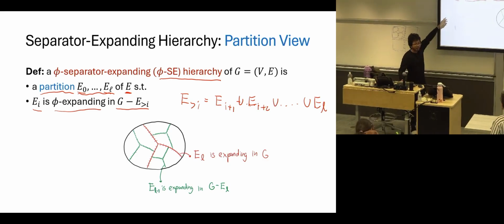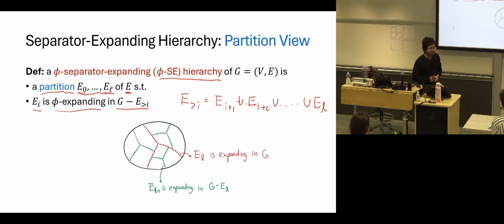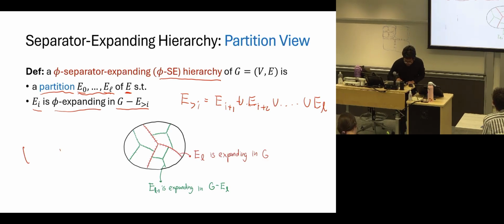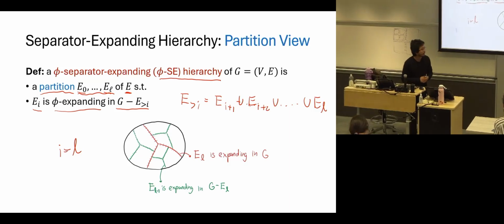If you look at this definition, let's interpret what it means level by level. Would it mean that if we have some EI that's expanding in a bigger part, it will also be expanding in the smaller parts? Let me explain that. Let's look at the level I equals L, the last level.